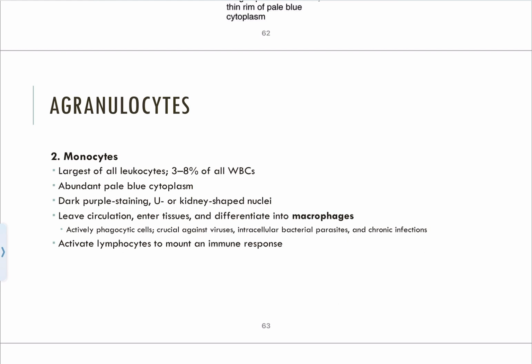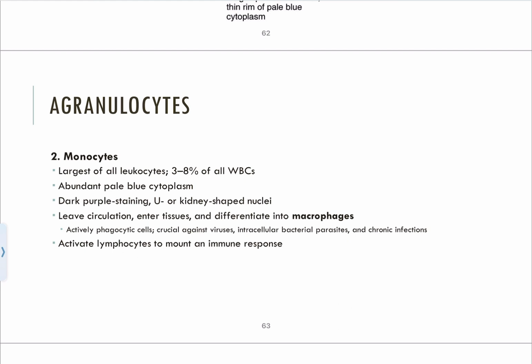So we have monocytes that constantly are leaving our circulation and entering into different tissues. When a monocyte enters into tissues, it can differentiate into what we call macrophages.